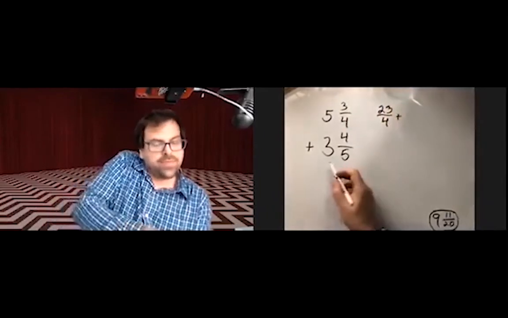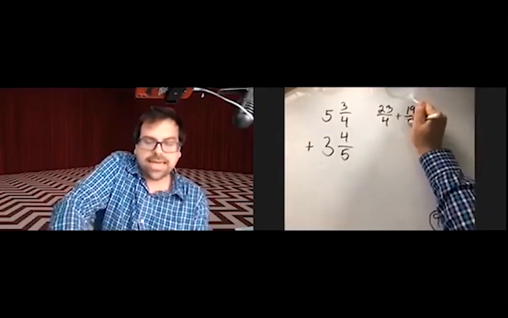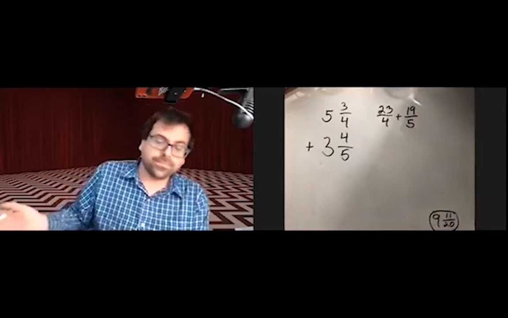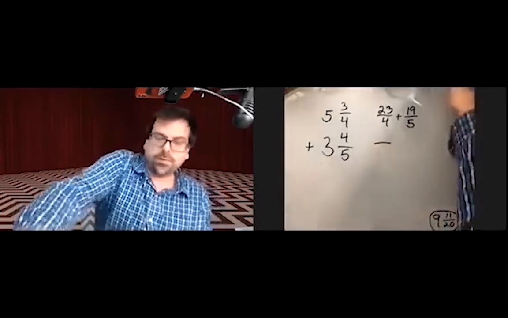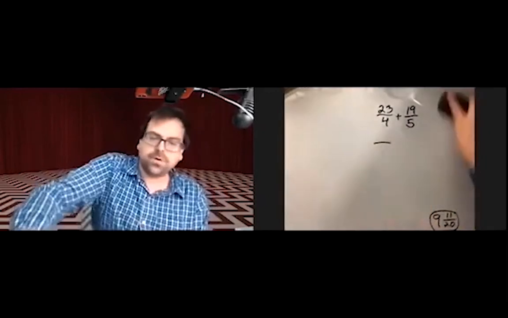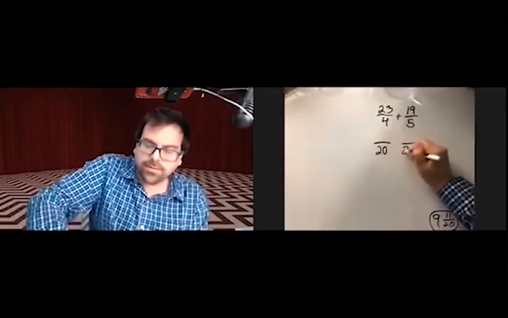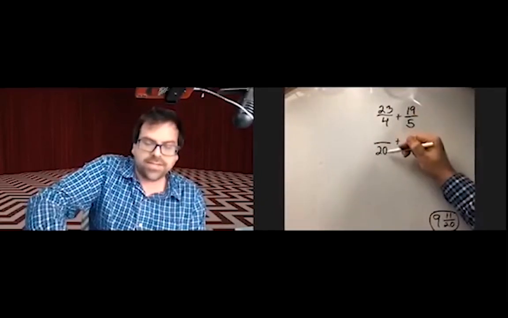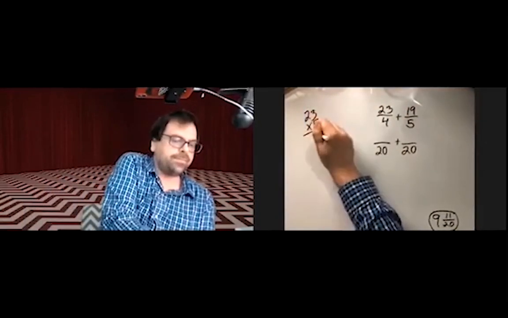And then 3 4/5 would be 19/5. You don't need the original problem anymore. These are both going to be over 20. 4 times 5 to get to 20, so we need 23 times 5.